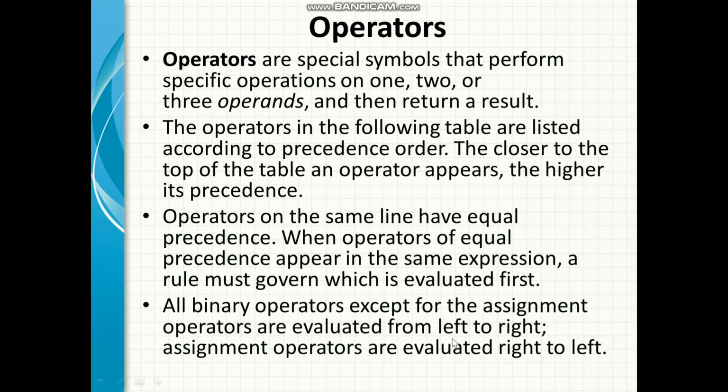Just follow the arrow here, how the cursor is moving from left to right. And the assignment operators are evaluated from right to left. So this is very important. This is the associativity of the operators, how they are associated with one another.